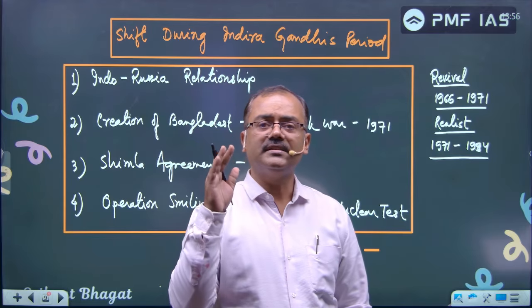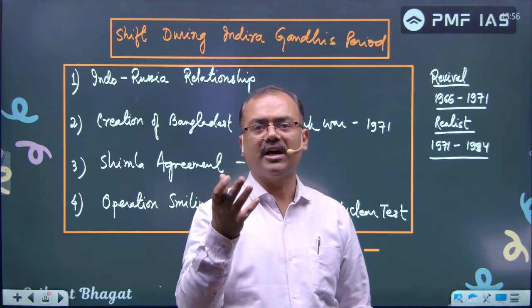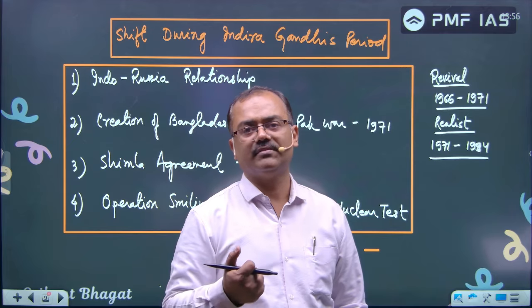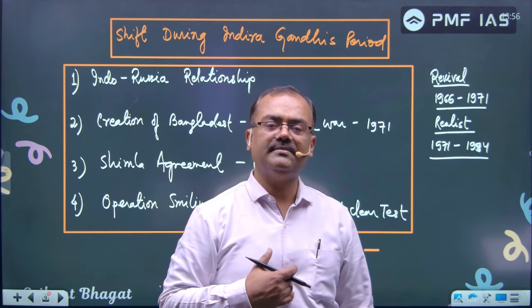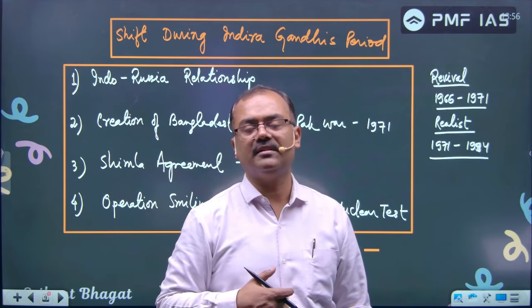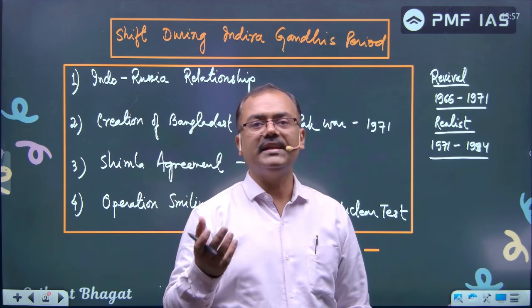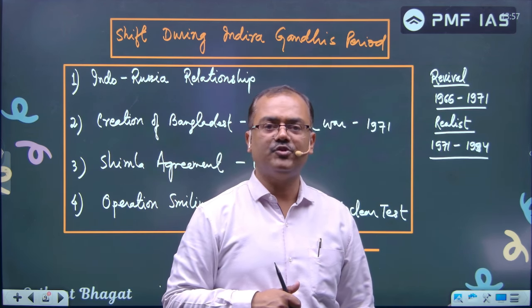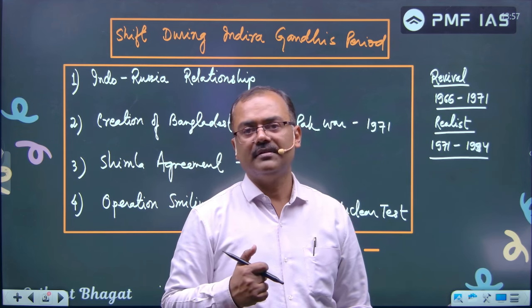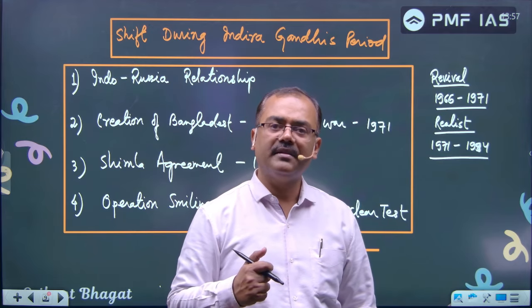Plus, India's attempt to carve out a new country, Bangladesh, from Pakistan. At that time there was East Pakistan and West Pakistan. So East Pakistan became Bangladesh. The Awami League government was established. Mujibur Rahman became the head of the government there.